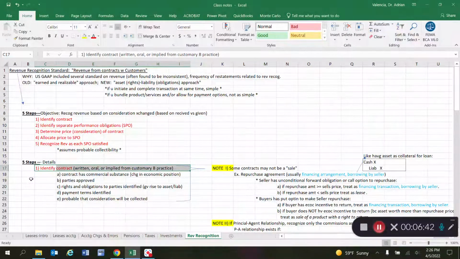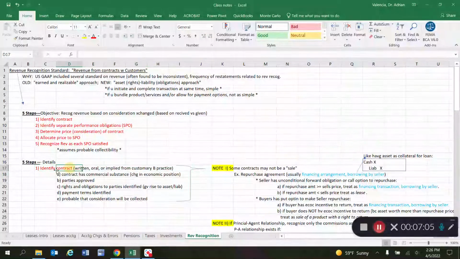So, if you go to a fast food restaurant and you give them X amount of dollars for a hamburger, there is no written contract, but it is implied that when you hand your money, you are going to receive a product from that company. That's just the way that is customary for that business. So please understand that we may or may not be talking about a formal contract.